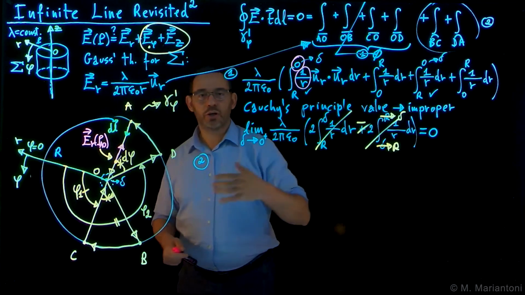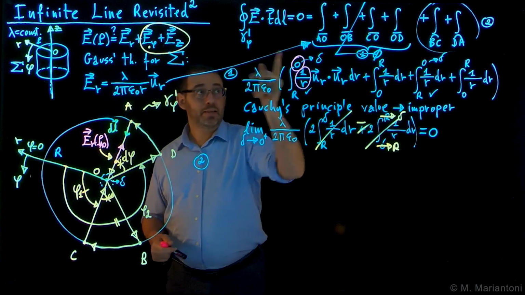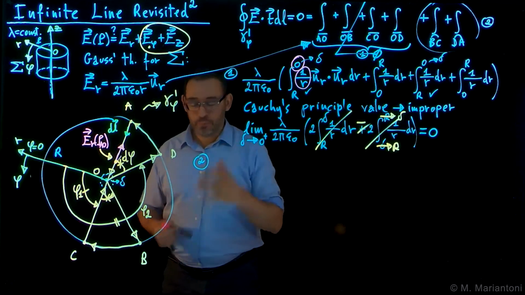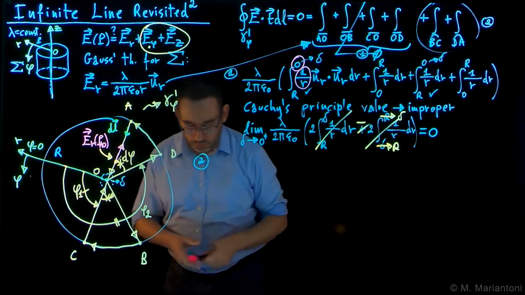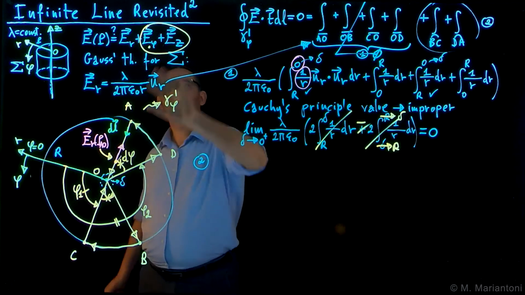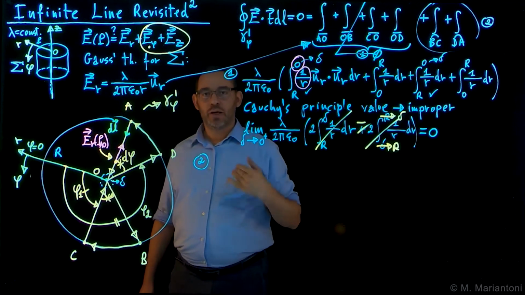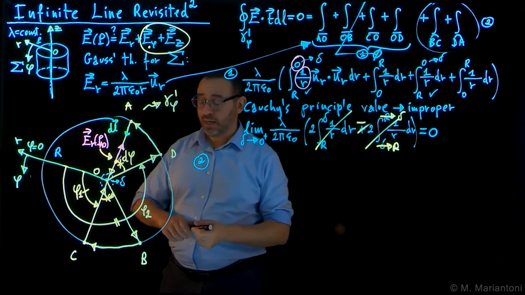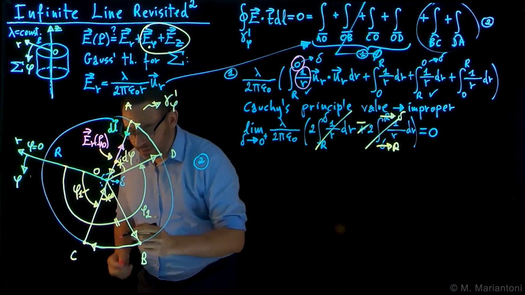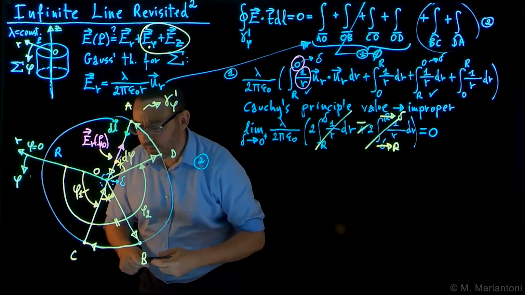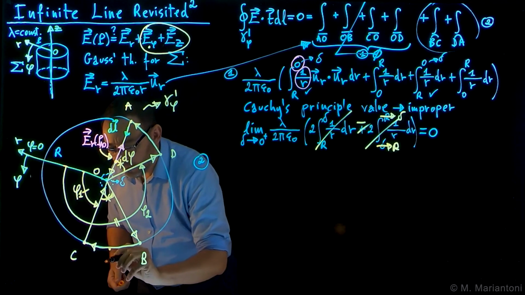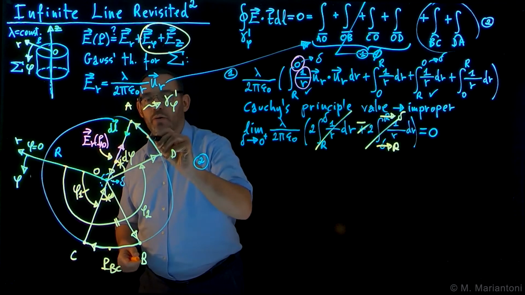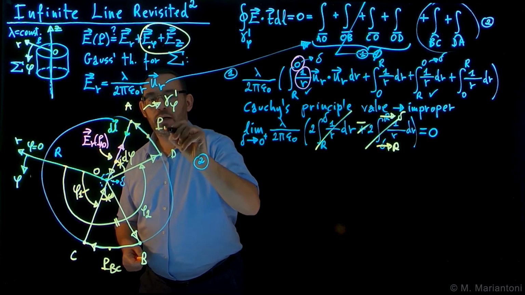Similarly, it's Z. So the only component that can contribute for the line integral, in this case, for these two line integrals, has to be obviously a phi component, a var phi component. Okay, so let's sketch this var phi. We have no knowledge whatsoever about the var phi. So I can hypothesize anything I want about this var phi. And in particular, I pick this point here. So this point, I call it a point capital P on the arc BC, and this point here I call it capital P on the arc DA.